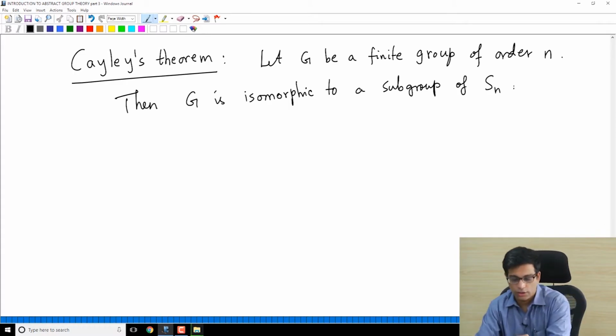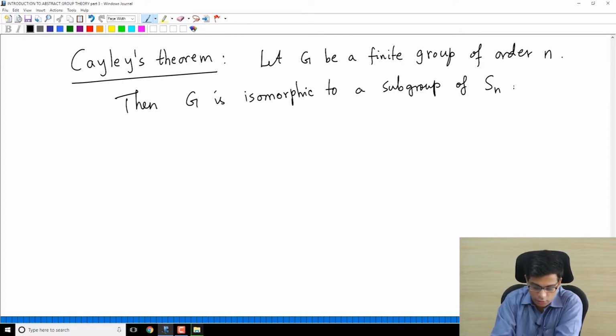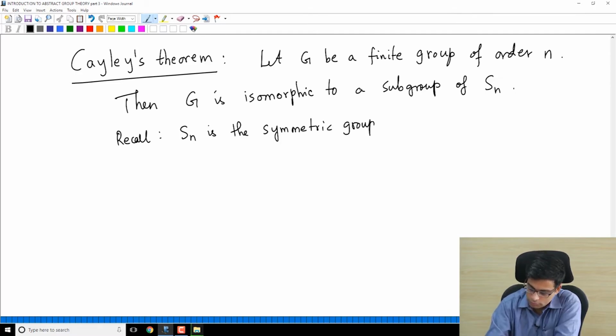Okay, so it says simply this is the theorem. If G is a finite group of order n, G is isomorphic to a subgroup of Sn. Recall that Sn is the symmetric group on n letters.